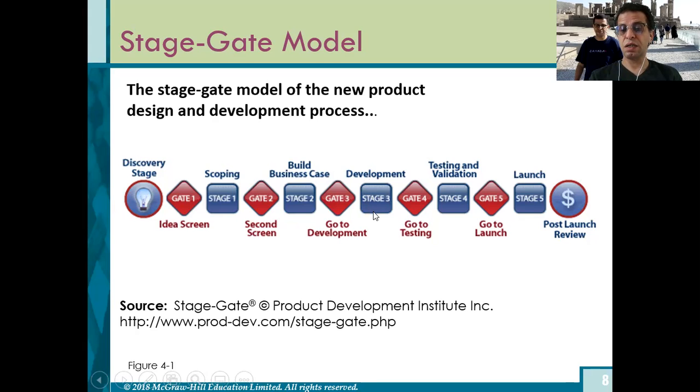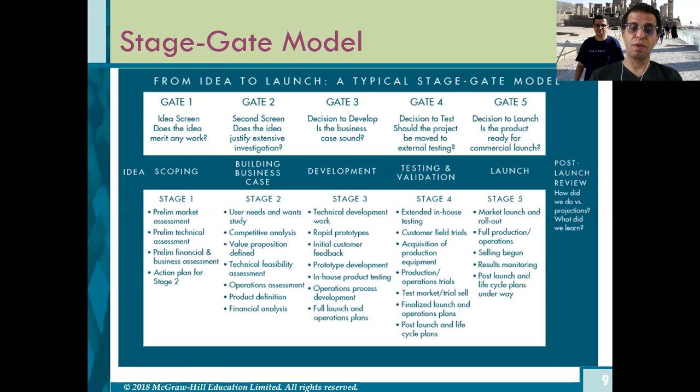Development is done, then you test it, with testing and validation. If it's good, then you go launch. And once you launch, you do a post-launch review. In other words, from idea to launch, a typical stage gate model.